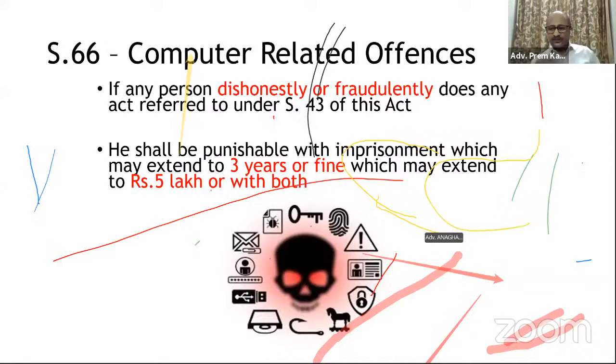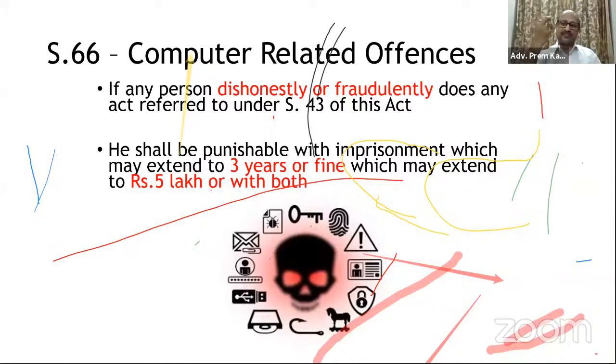Section 43 basically deals with penalty and compensation as civil remedies. It is under Chapter 9 of the IT Act. But having the penal consequences of the same, the Parliament has enacted Section 66, stating, if any person dishonestly or fraudulently does any act referred to under Section 43.